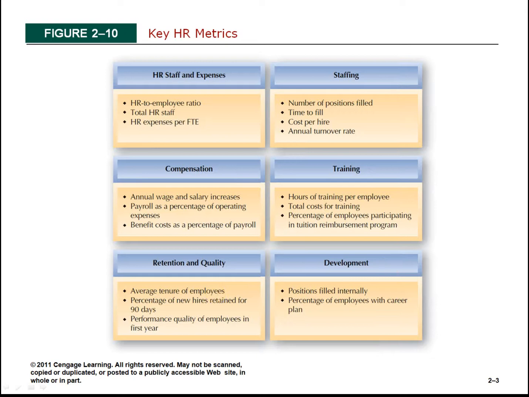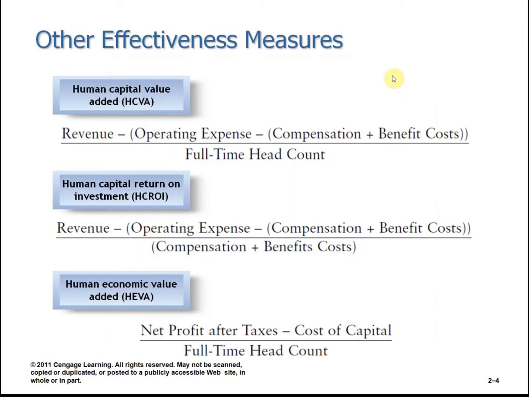So these are common areas where HR departments can develop metrics to show that they're adding value to the organization and how that value translates into cost savings or increased productivity. Here are some calculations. You don't need to memorize these calculations by any stretch of the imagination. I'm not going to ask you any questions about that, but I want to give you some examples of what calculations can look like for the HR department.